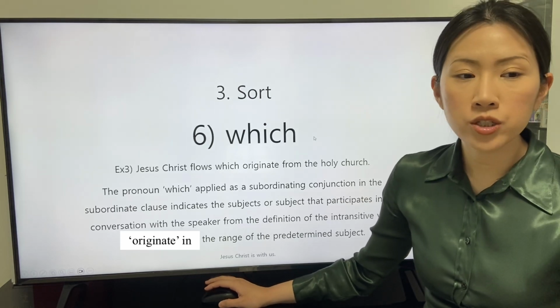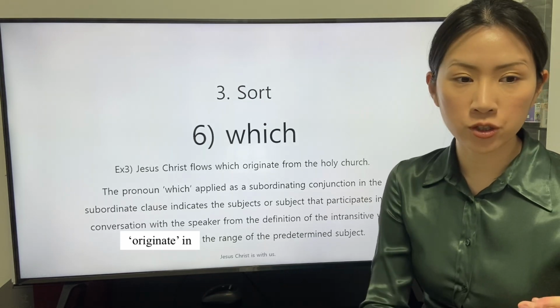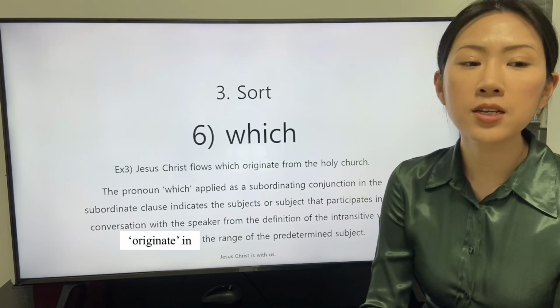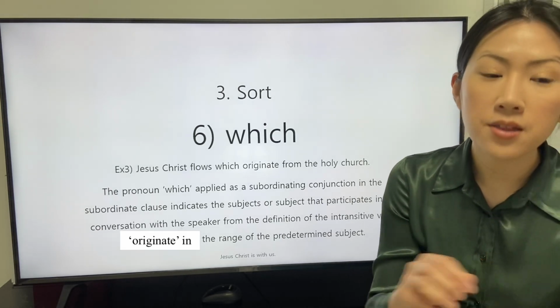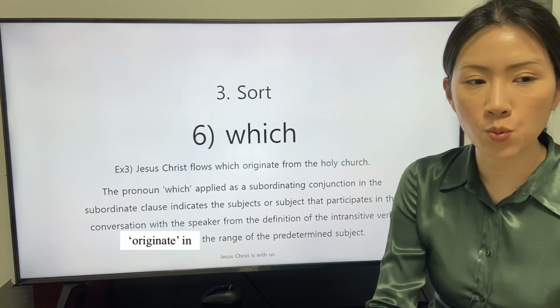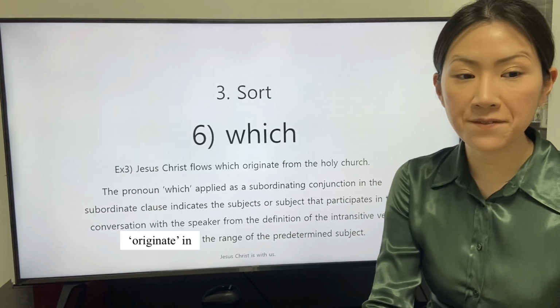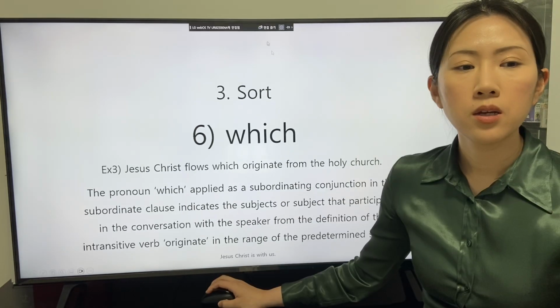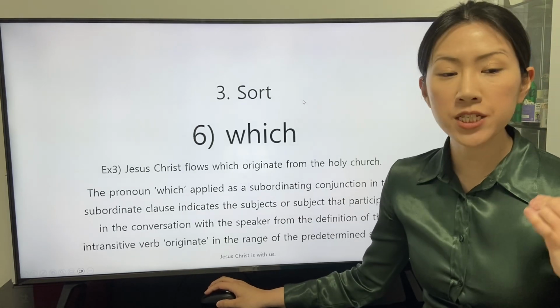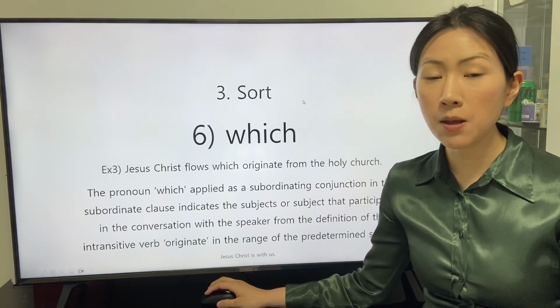The pronoun which, applied as a subordinating conjunction in the subordinate clause, indicates the subject or subjects that participate in the conversation with the speaker, from the definition of the intransitive verb originate and the range of the predetermined subject.